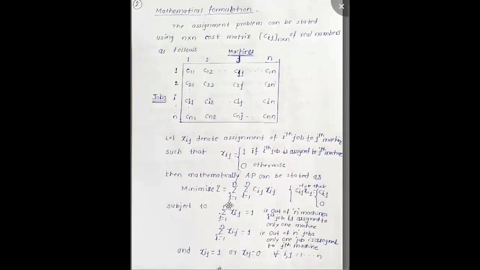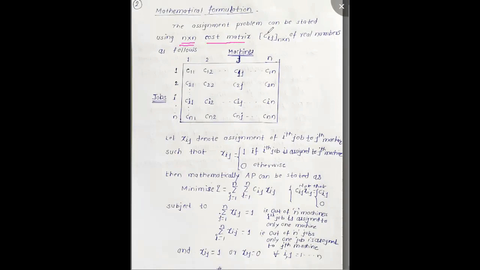Now we first formulate this assignment problem as a mathematical problem, the mathematical formulation of this situation. So the assignment problem can be stated using an n cross n cost matrix.